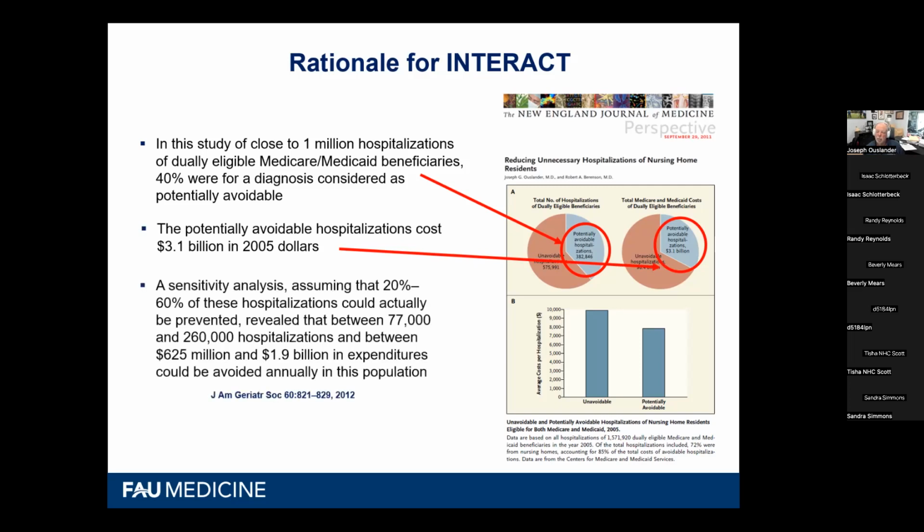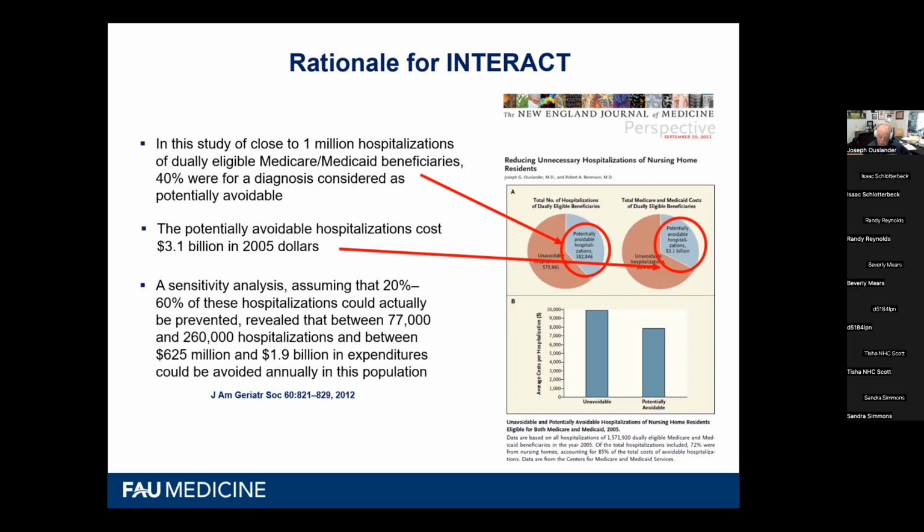We also did what's called a sensitivity analysis. So for example, not every patient that goes to the hospital with heart failure, that hospitalization can be avoided. So we made some assumptions about whether 20% could really be avoided in real life, or 60% could be avoided in real life. And it still came out to tens of thousands of hospitalizations and about $2 billion in expenditures.